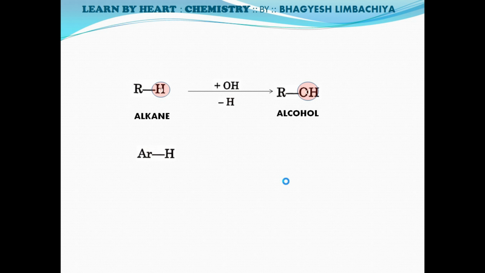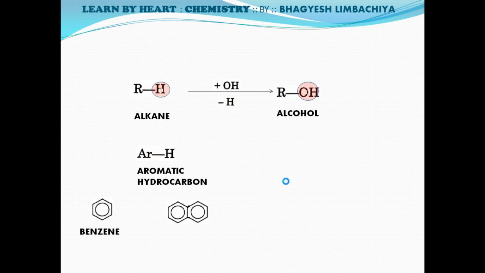Similarly, if we take an aromatic hydrocarbon, generally benzene, naphthalene, anthracene, etc., here also hydrogen is removed and OH is added, so that we get phenol. So these are the preparations of alcohol and phenol.